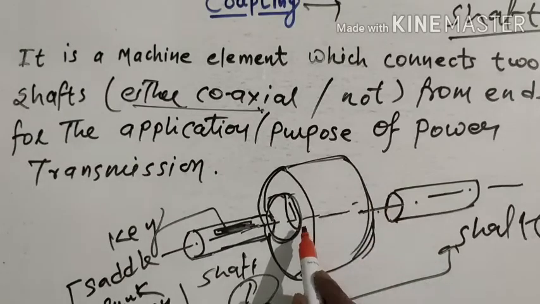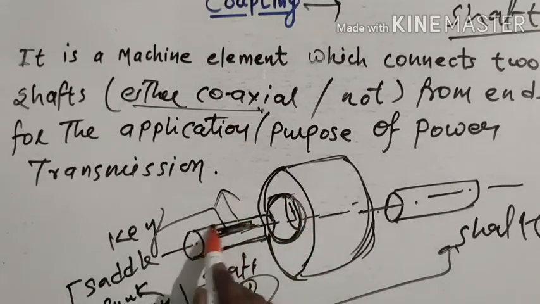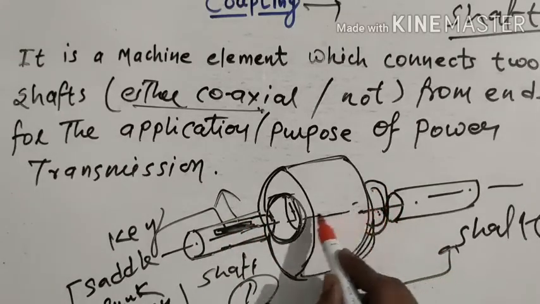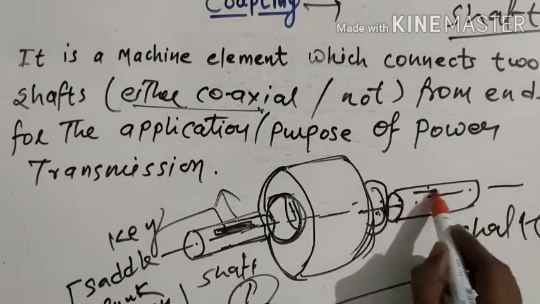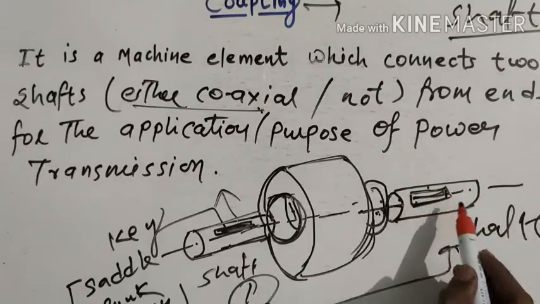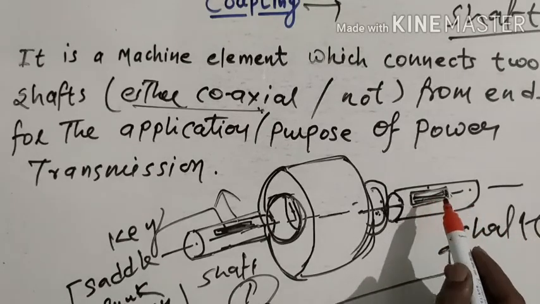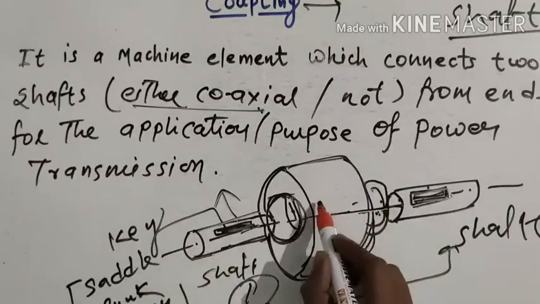This coupling has an internal diameter, and the diameter is exactly the same as the shaft. On this side we also have a hub for inserting this shaft, and it also has a key. This is a keyway, and the element inserted in the keyway is called a key, which locks both shafts with their hubs.